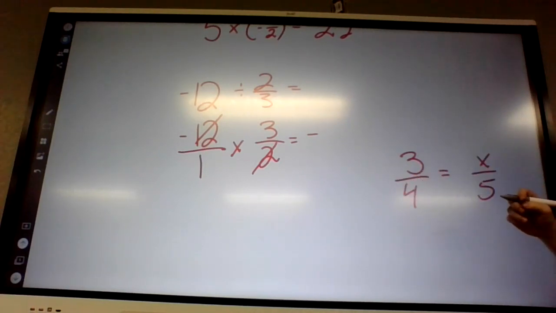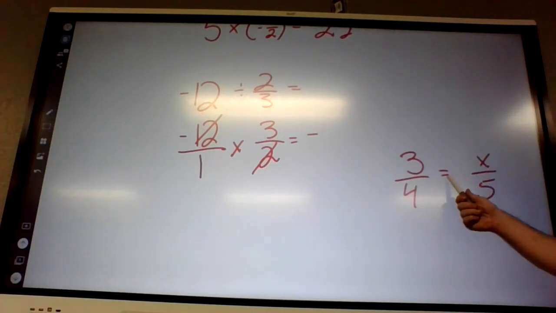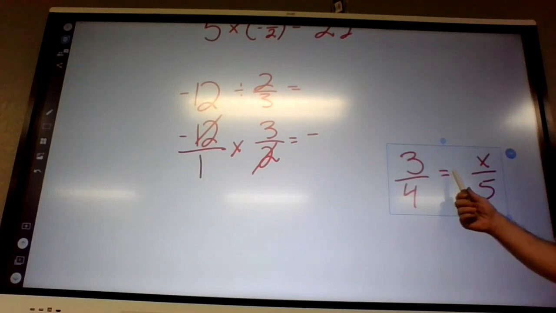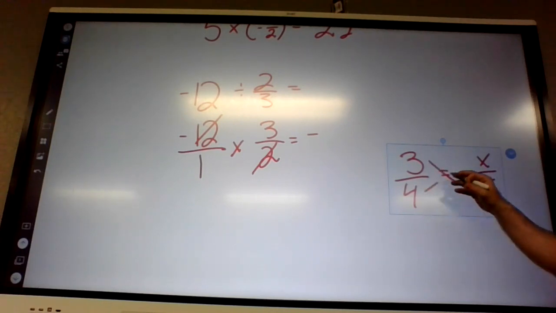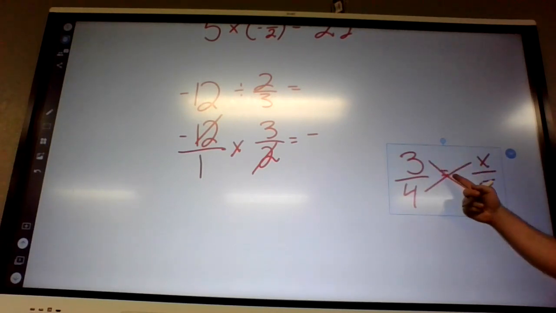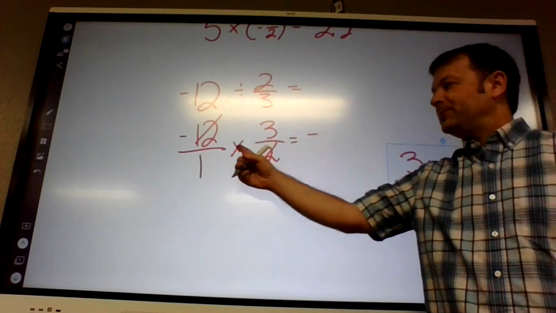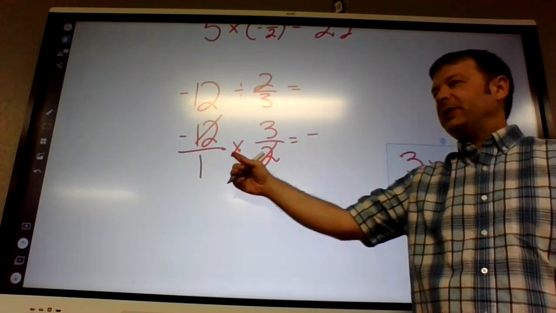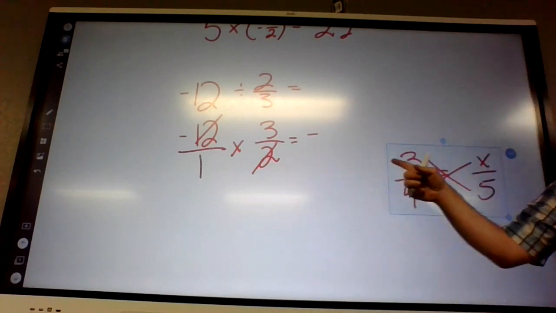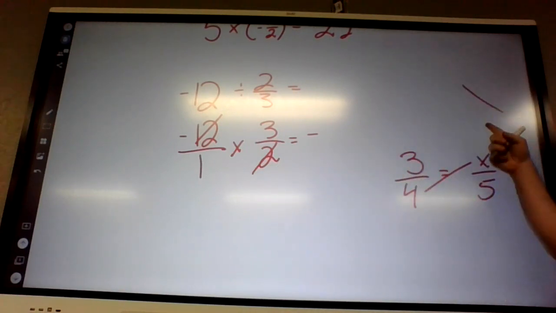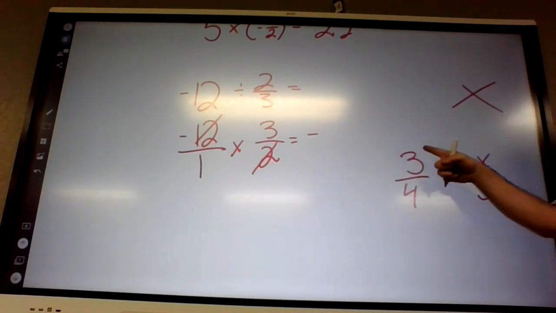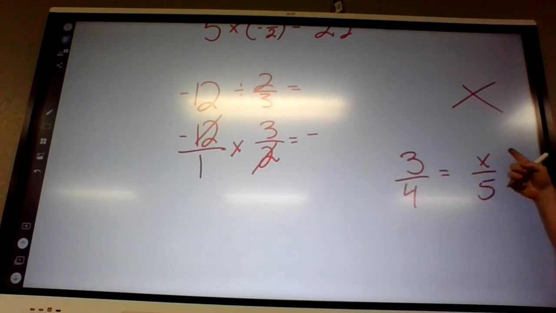So what's different about this problem? Okay, they're equal to each other. This is when you cross multiply, and we will be doing this sometime this year. This is a multiplication problem. You do not cross multiply, you cross cancel. This is an equals problem. When two fractions or two ratios are equal, you can solve it by cross multiplying.